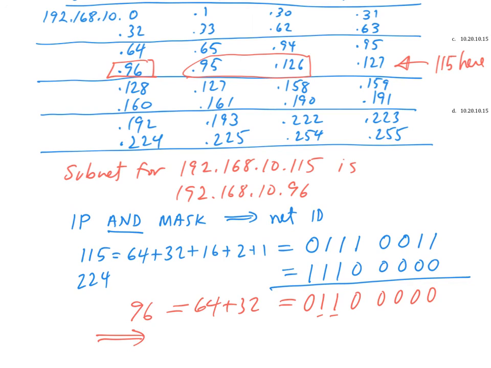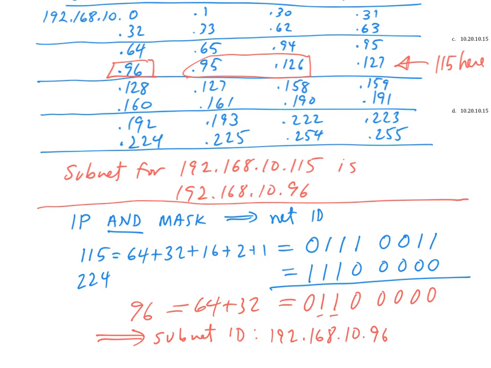That's the same answer we get above when we look at the multiples of 32. So the subnet ID is 192.168.10.96. That's another way of looking at the same problem. There are two different solutions that both work equally well, and I hope this helps.